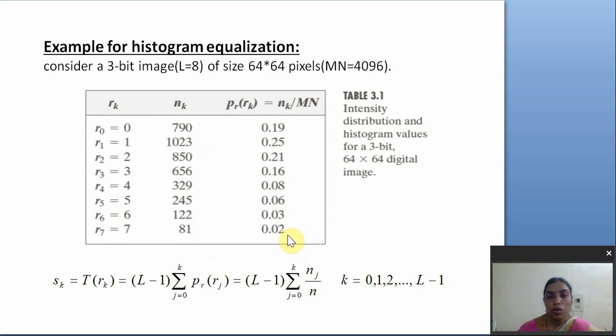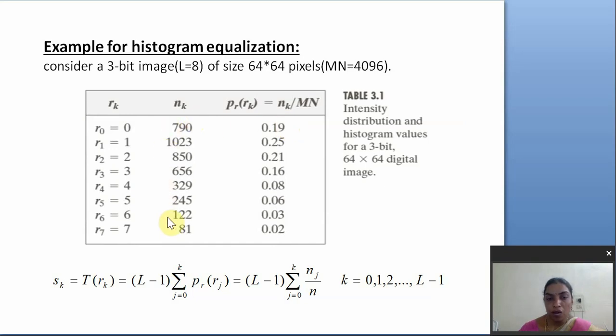Now after finishing this table, we should calculate the s_k values with respect to this r_k. These are the actual image gray level values, these are how many pixels are there with r_k, and these are the normalized values of n_k, or probabilities of r_k.